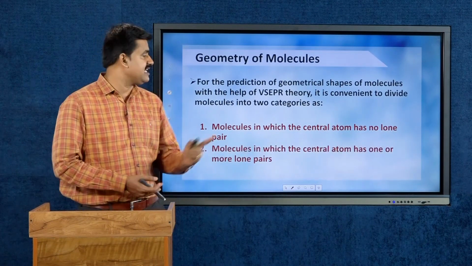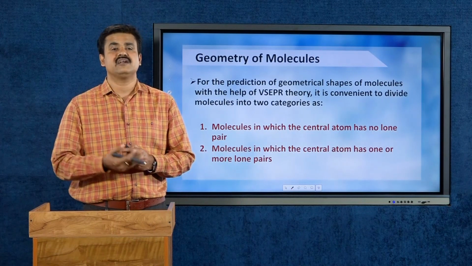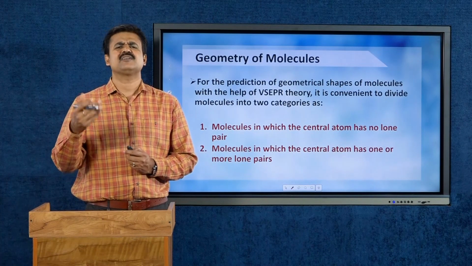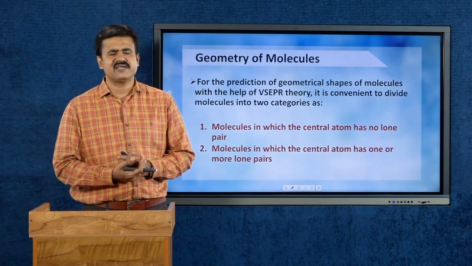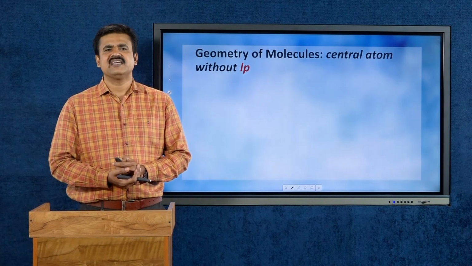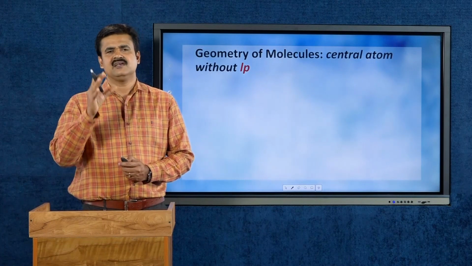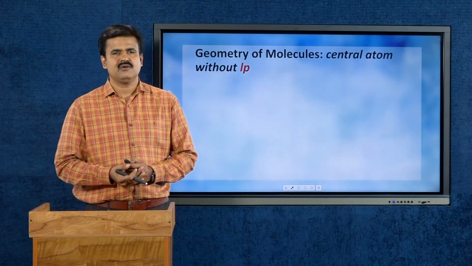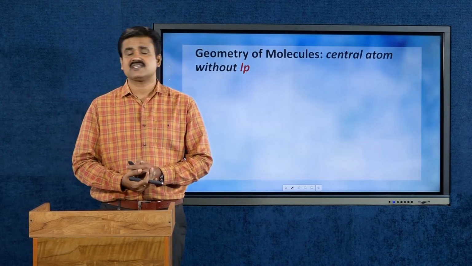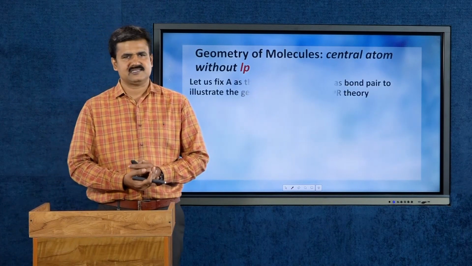The second category is the molecule in which the central atom has lone pair of electrons and bond pair of electrons, that is, the central atom may have one or more lone pairs also. We are giving more emphasis to the geometry of molecules where the central atom is without lone pair now, and after this discussion we can move on to the systems where lone pairs are present on the central atom. First, we can focus on central atom without lone pairs.